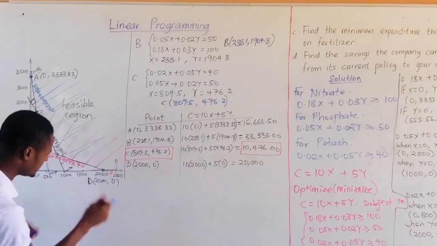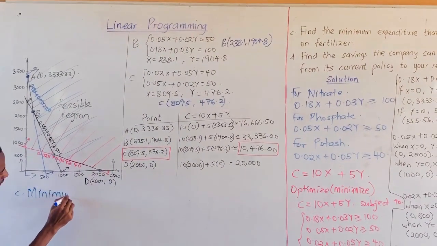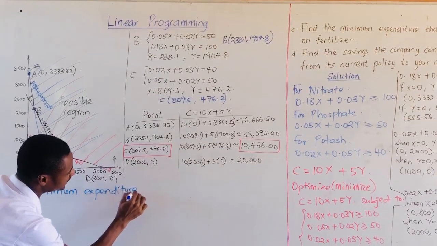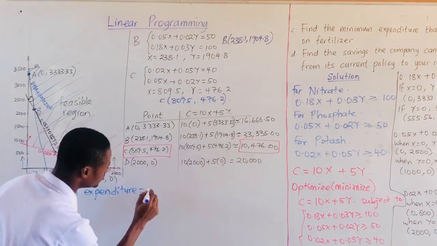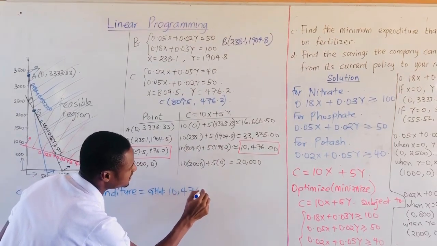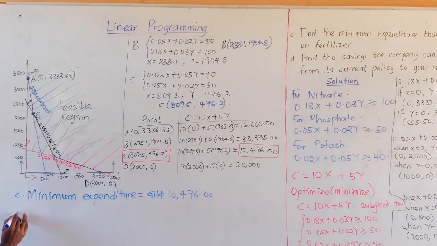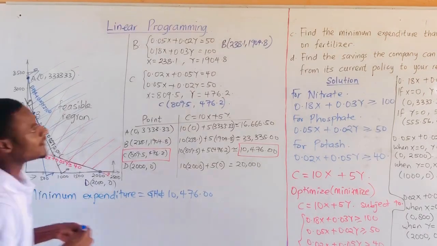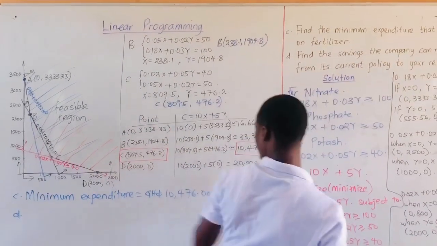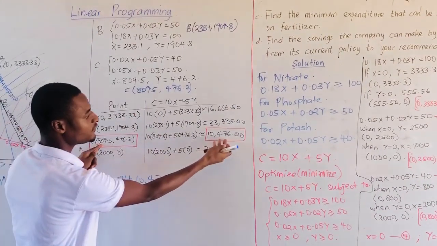So C, minimum expenditure, is equal to the smallest amount we have here, 10,476 pesos.